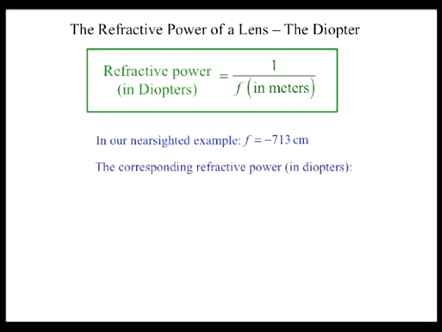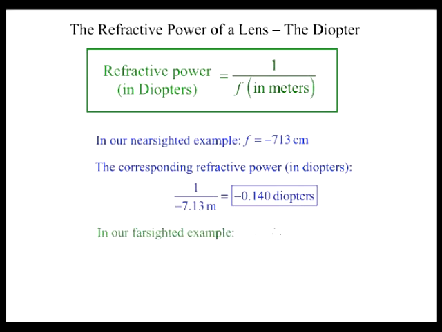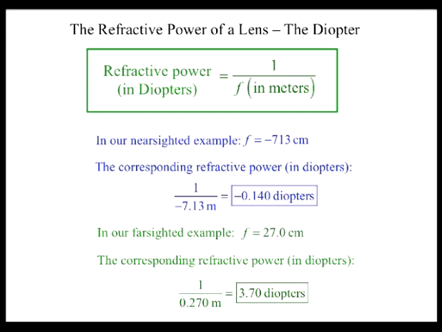The corresponding refractive power in diopters is 1 divided by negative 7.13 meters, which equals negative 0.140 diopters. In the same way, the focal length of our converging lens in our farsighted example was 27.0 centimeters. This corresponds to 1 divided by 0.270 meters, which is equal to 3.70 diopters.